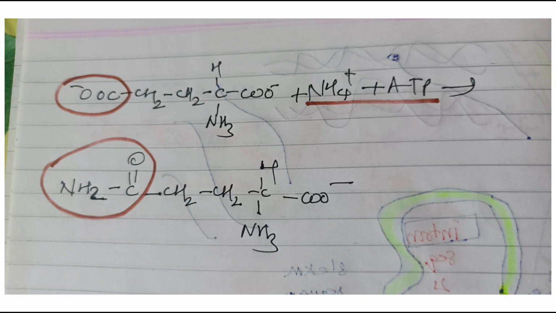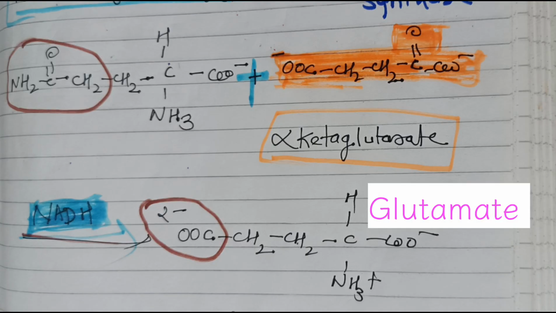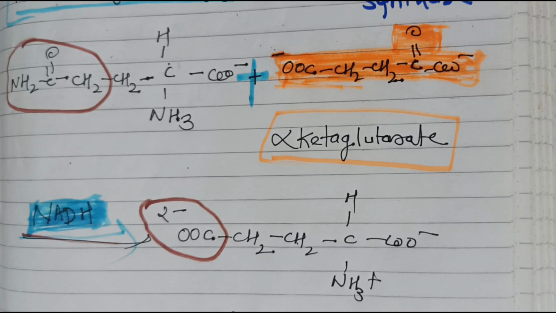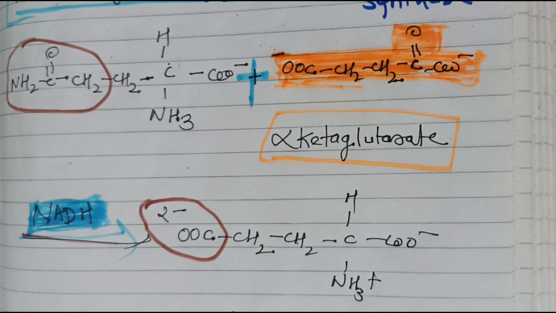So, for example, glutamine, if we add it with alpha ketoglutarate and the reactant is NADH, at that time we will get glutamate. So, in plants, after ammonia is incorporated into glutamine, the amide amino group is transferred to the 2-keto group of alpha ketoglutarate by glutamate synthase.